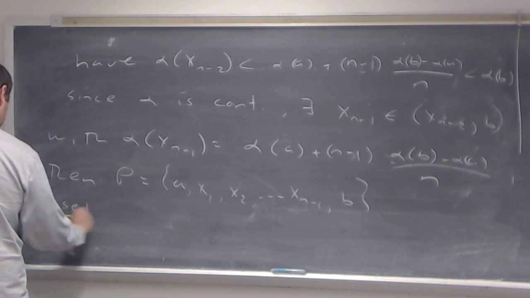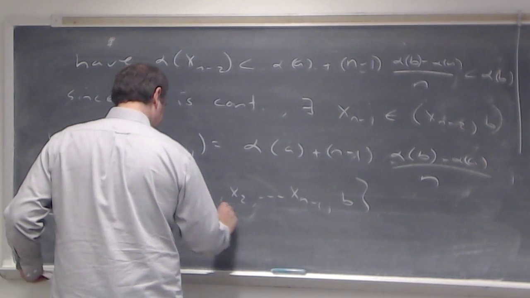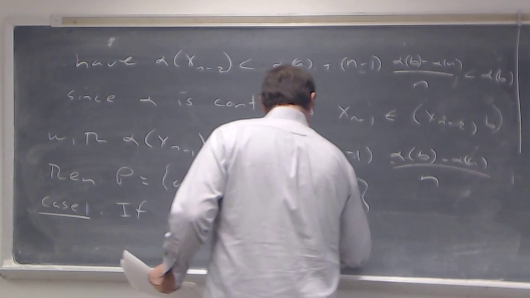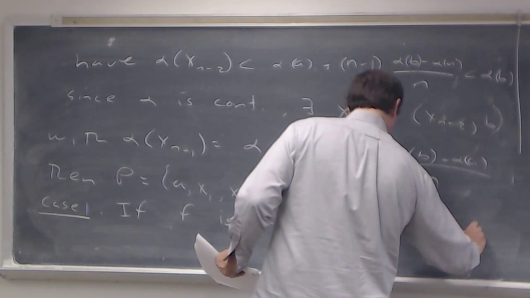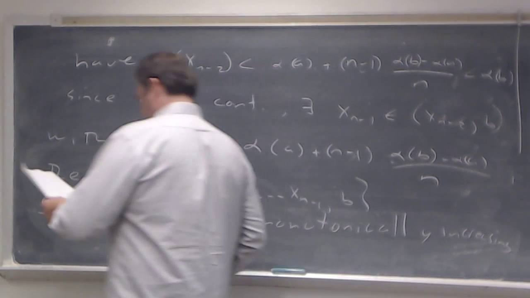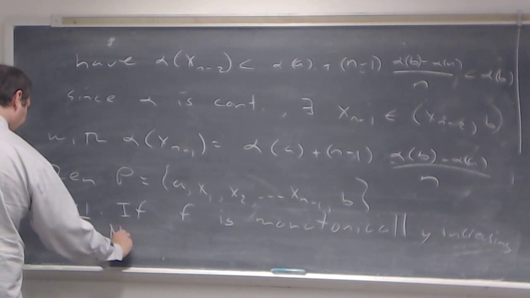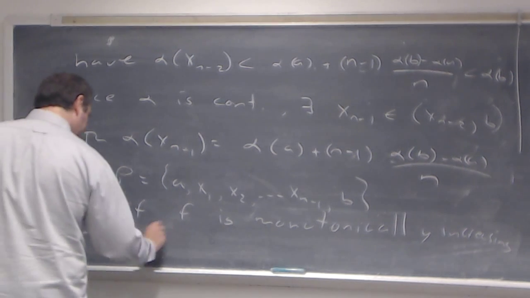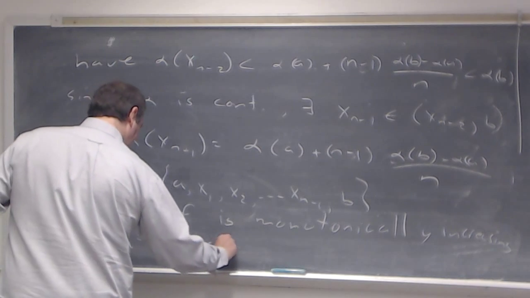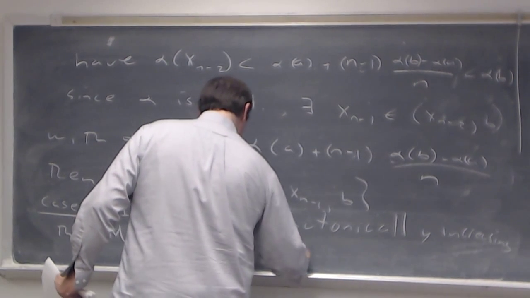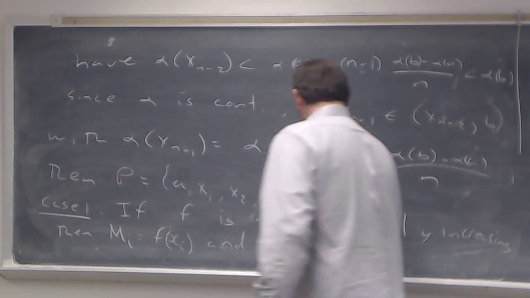So case 1, if f is monotonically increasing, so remember we're having that f is a monotone function, then what we'll have is big M sub i, the maximum value over some subinterval, will be equal to f of x sub i, since we're increasing, and the minimum, little m sub i, will be equal to f evaluated at x sub i minus 1 for any subinterval.